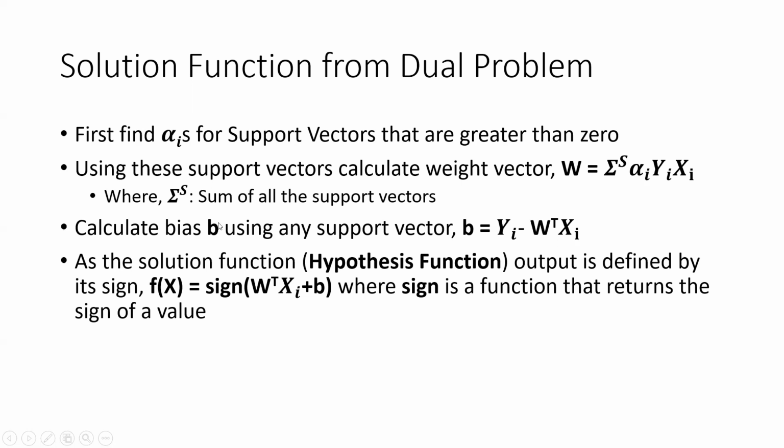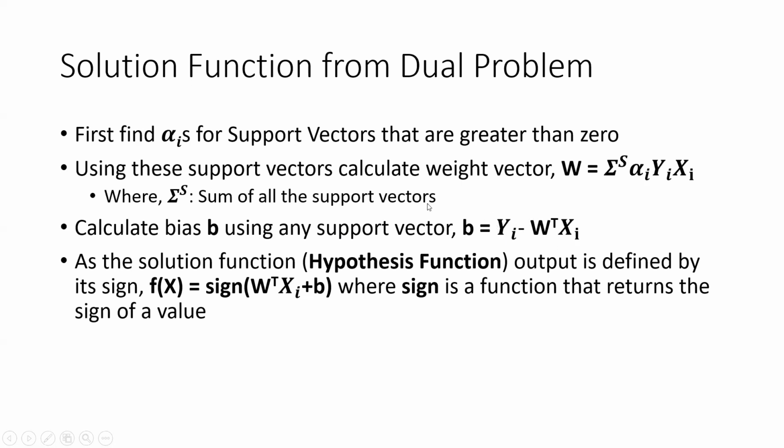And this B value, or the bias, can be calculated by substituting a single support vector into this formula, where B is yi.